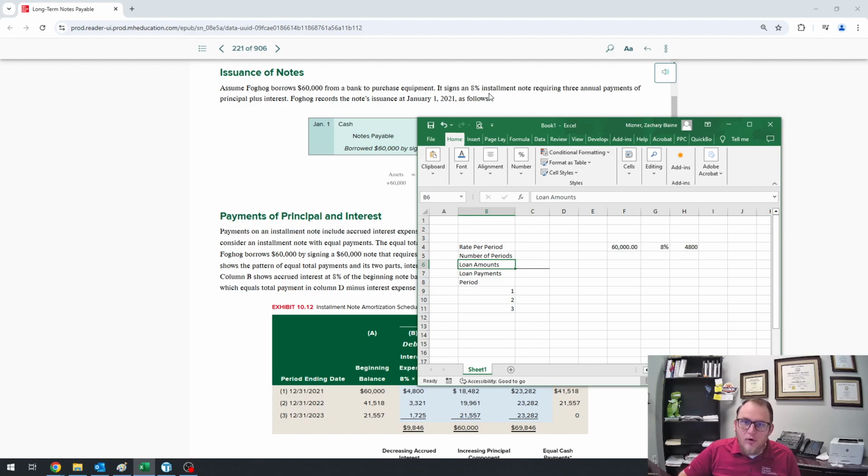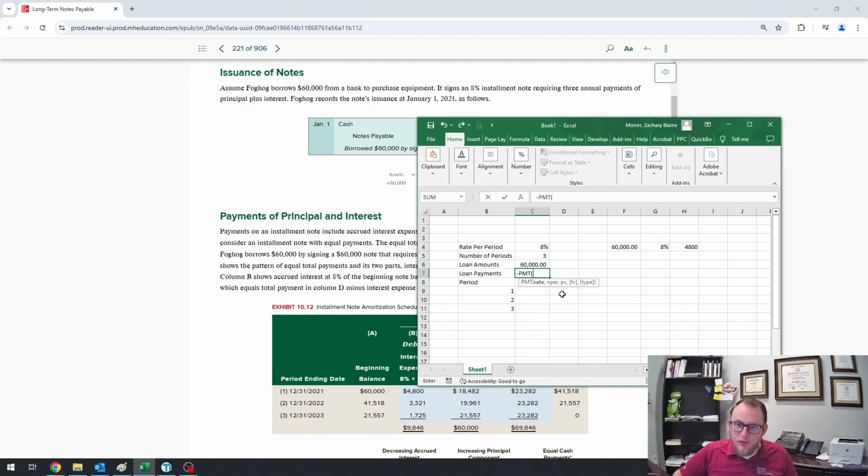According to this up here, the interest rate is going to be 8%. The number of periods is 3 because these are annual payments for 3 years, and the loan amount was $60,000. So for the formula, we're going to do negative PMT. PMT stands for payment, and you can see what the formula needs here.